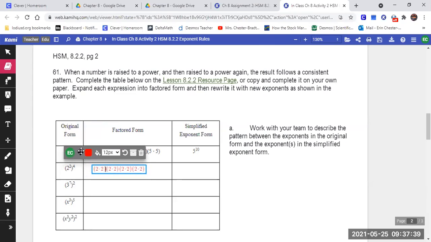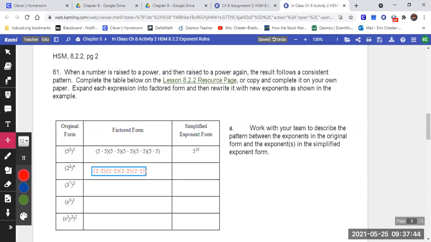So if we do our math, how many 2's do we actually have then? Count how many 2's there are. Eight, so 2 to the 8th power.